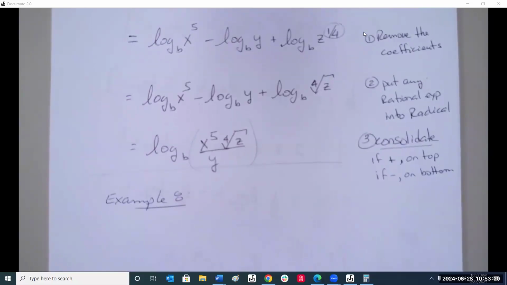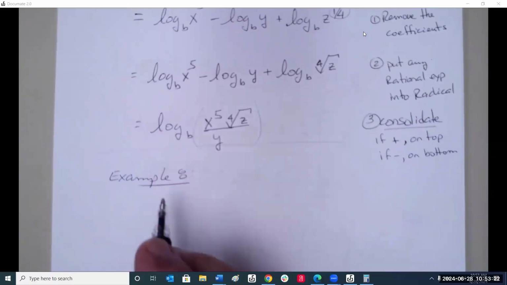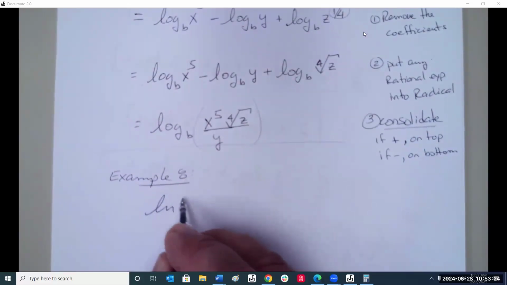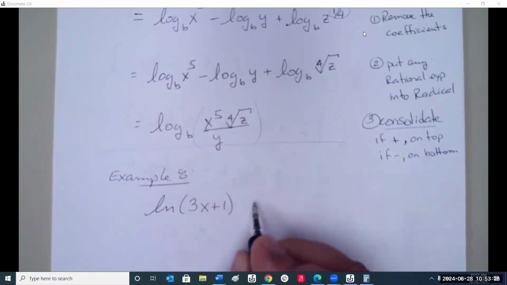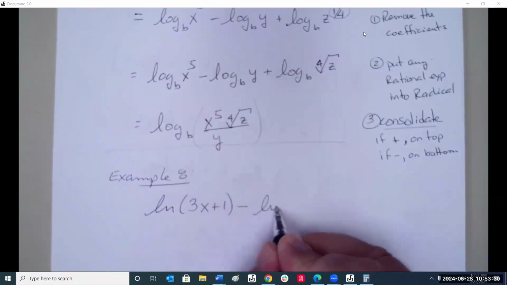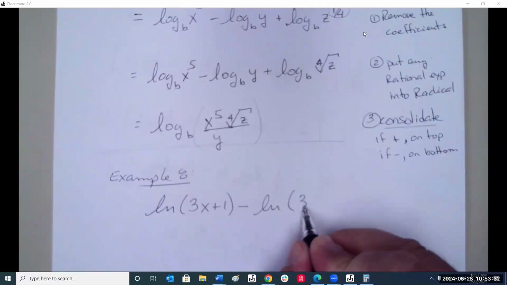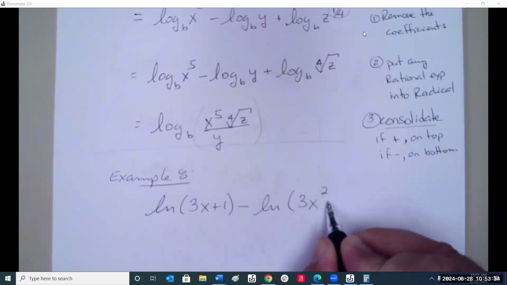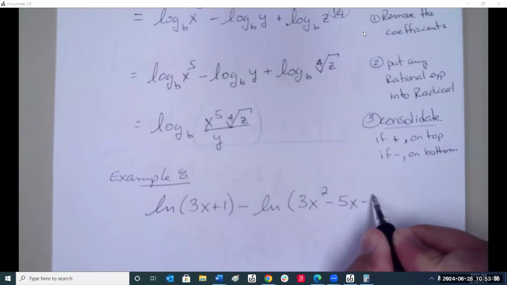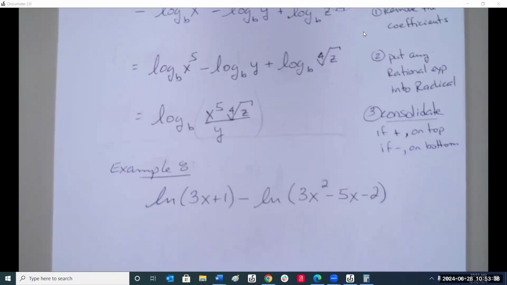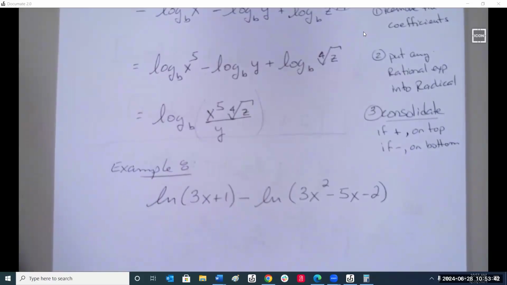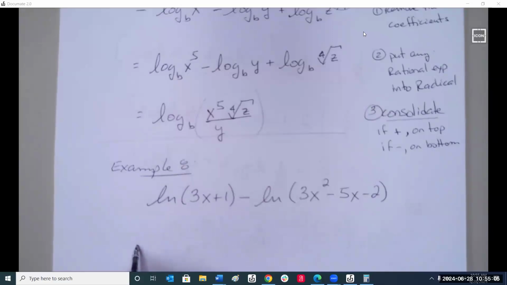Example 8. Express as a single logarithm. Ln of 3x plus 1 minus ln of 3x squared minus 5x minus 2. So what do we do here?